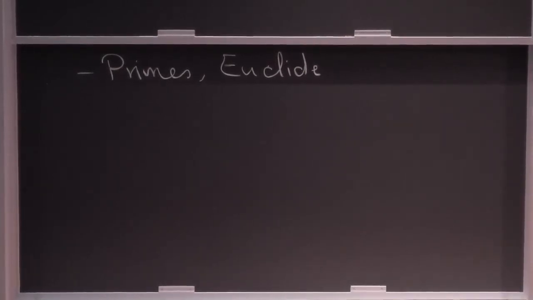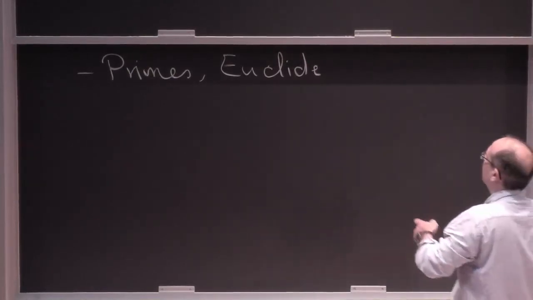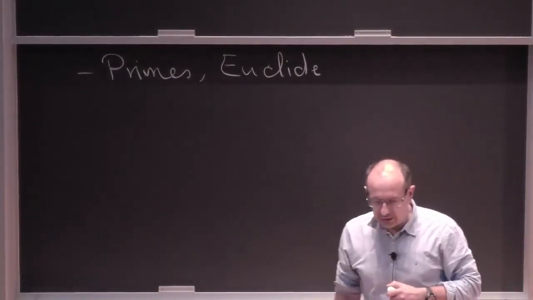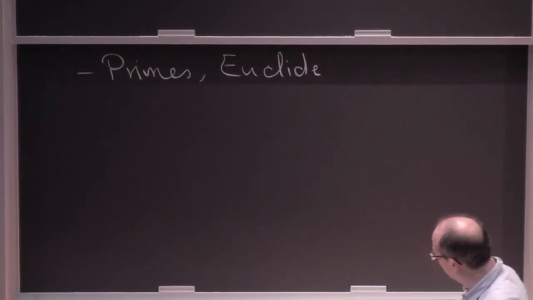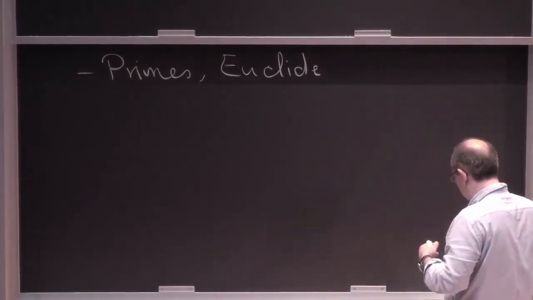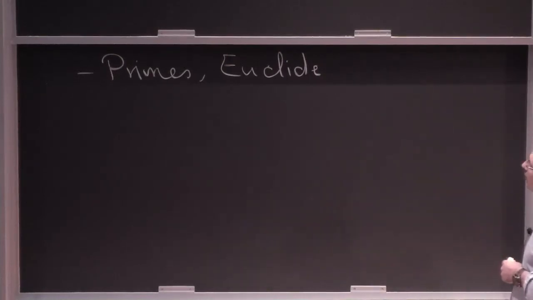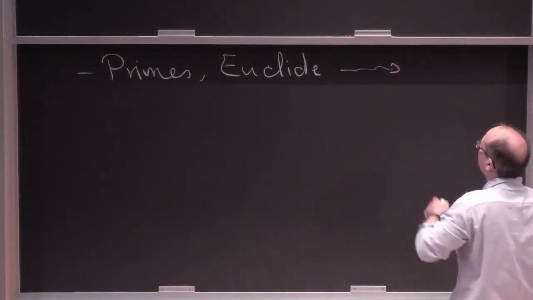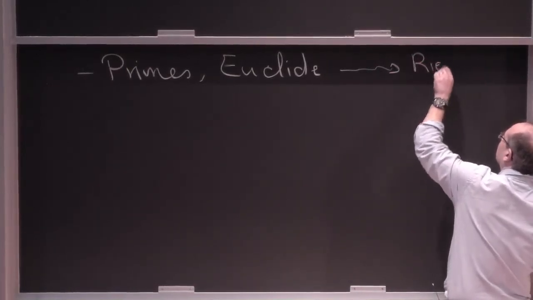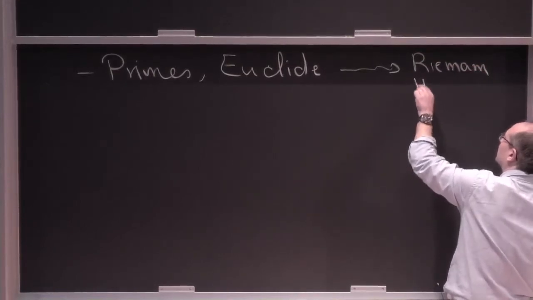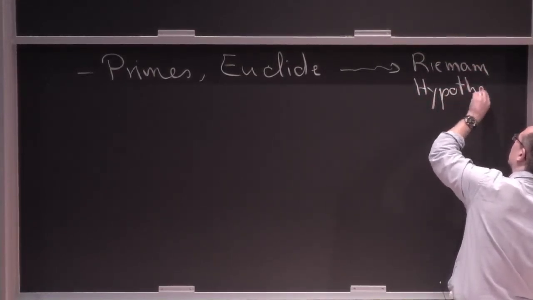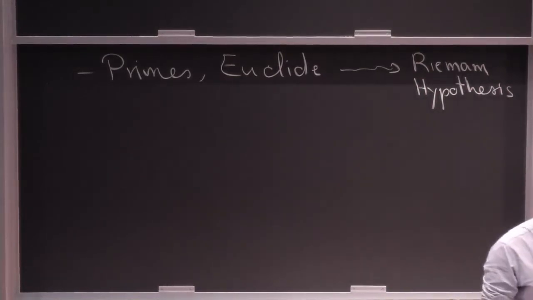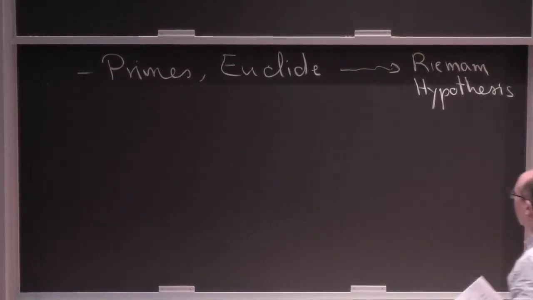And if you want to count the number of primes precisely, then it leads you a long way, through Euler, and then maybe Riemann, and Hadamard, de la Vallée-Poussin, and then the horizon here is the Riemann hypothesis. So hopefully it will be solved during this program.